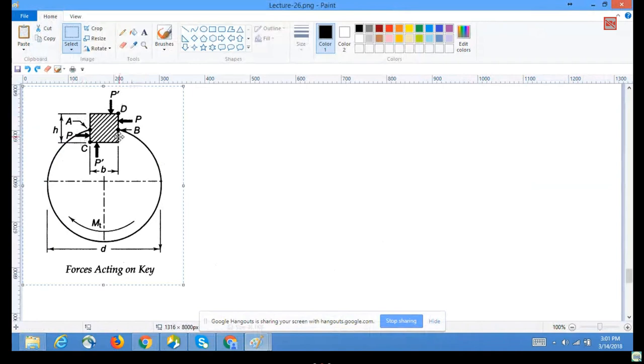And to balance this, because they are not acting on the same plane, that will also give you a counter shear force, which is P dash, on the top and bottom surface of the key. So based on this, when you enlarge this for the given shear forces, we can see how the failure of the keys would occur.